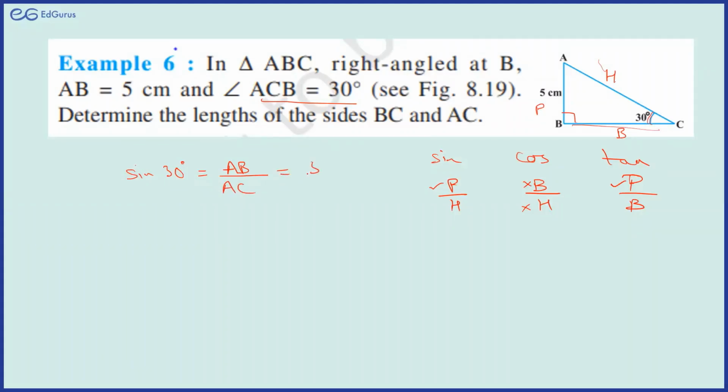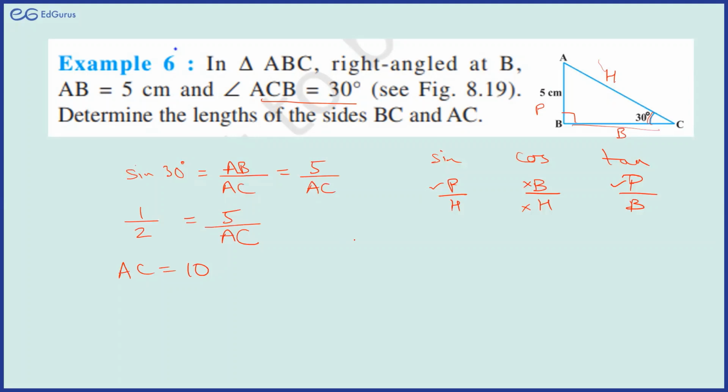And AB is 5, AC is unknown to me. So what is sine 30 degree? We learned the value just now. Sine 30 degree is 1 upon 2. Ma'am, 1 upon 2. So equal to 5 by AC. So AC is equal to 10. Okay. So we found the value of AC as 10.